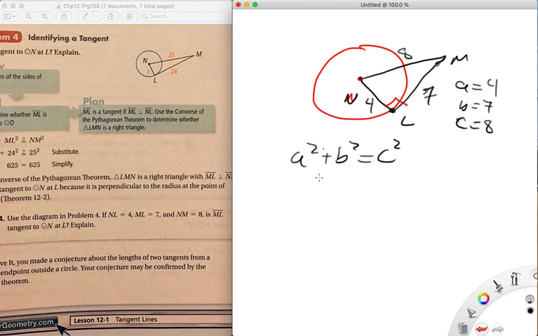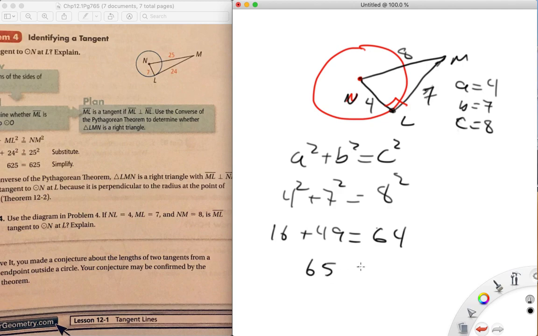So 4 squared plus 7 squared has to equal 8 squared. So this is 16 plus 49 has to equal 64. 16 plus 49 equals 65, and this is 64. So they do not equal each other. So it's not tangent. Not tangent at all.